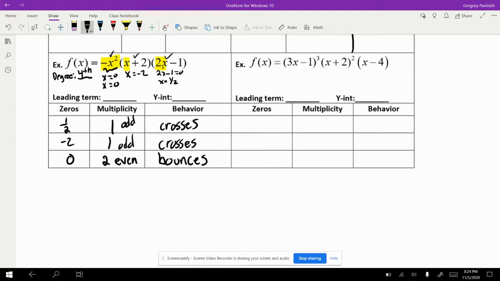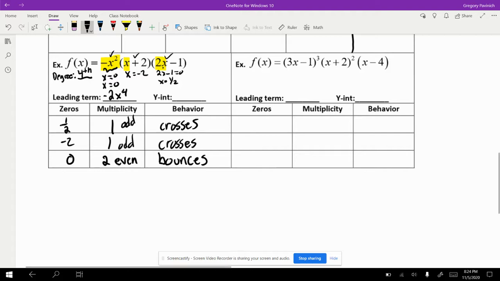And I'm going to multiply those together. So I get 2x times x, which is 2x squared, times a negative x squared, which is a negative 2x to the fourth. Okay, and I could easily get my end behavior with that. That would be an even negative, so my graph would be going down and down from left and right.